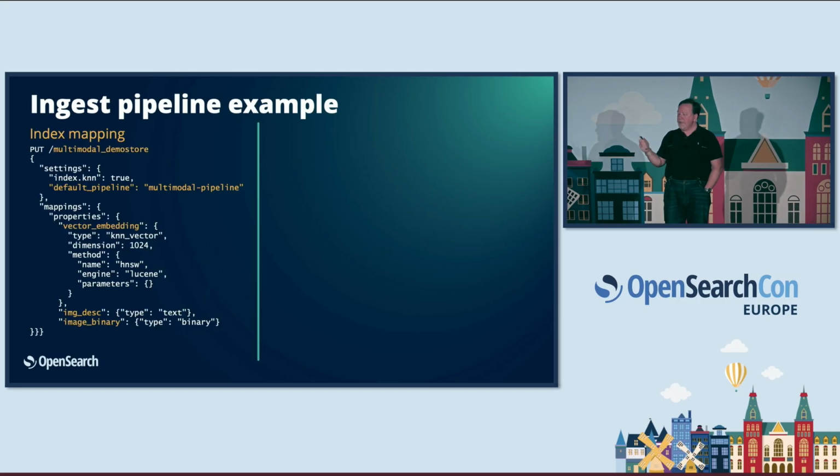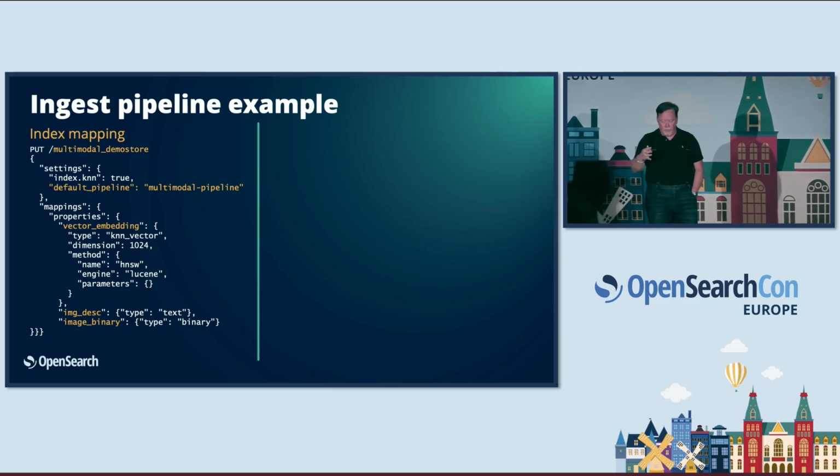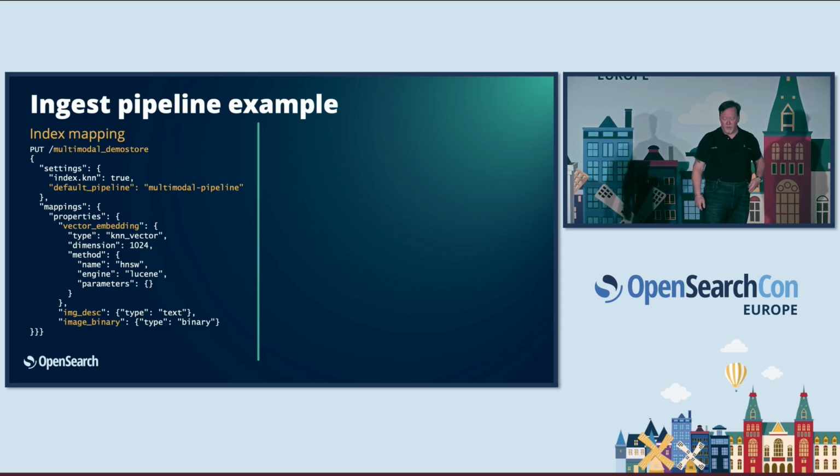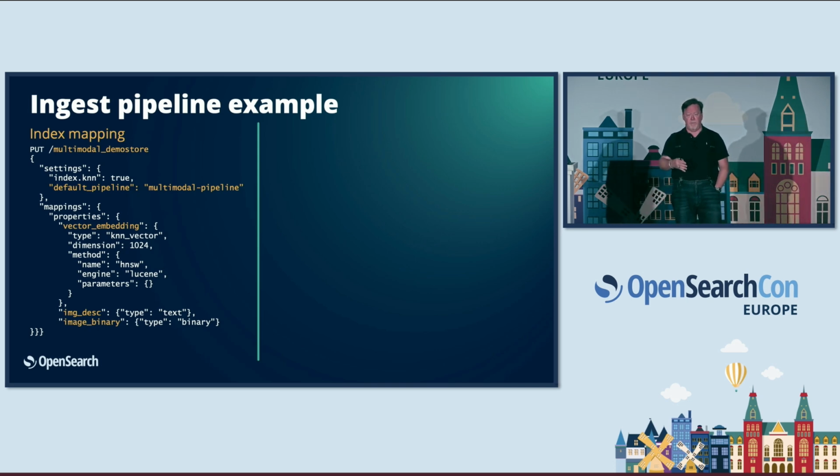So a couple of quick examples. On the mapping side, they all worked very similarly. So this is one of the reasons that we brought this library. They all work very similarly. So I have a couple of examples, but honestly, they mostly look like this, right? So you have an index mapping. You have a vector embedding field. It's type KNN vector. And then you have your image binary.